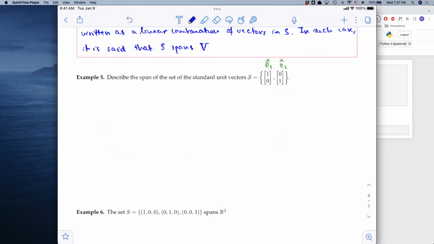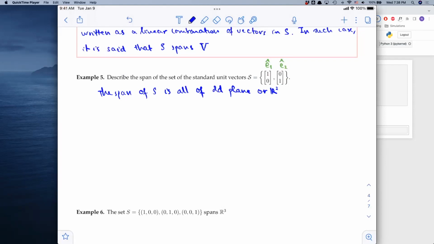So the standard unit vectors are in the set E1, E2. So the span of S is all of the 2D plane, or R2, right?